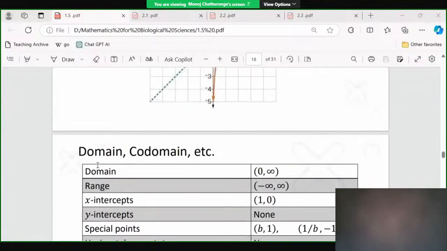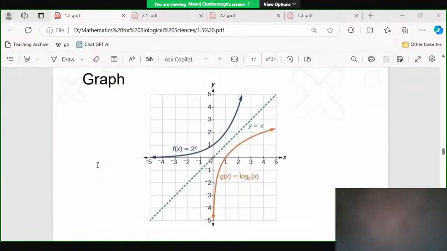We already know the graph of exponential functions, and therefore we know the graph of log functions. In this picture, you can see the graph of 2 to the power x. Their base is 2. Because of that, we know the graph of log base 2 of x.